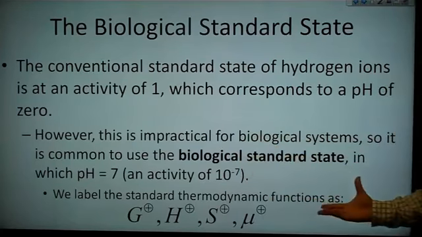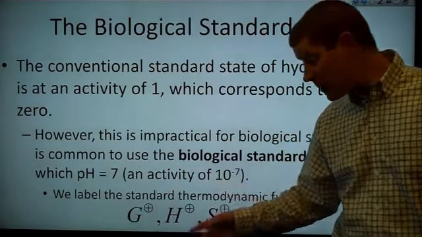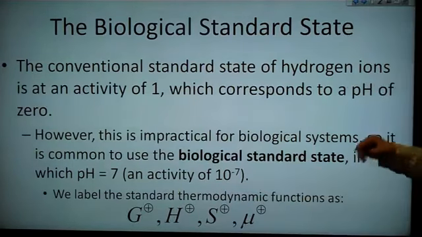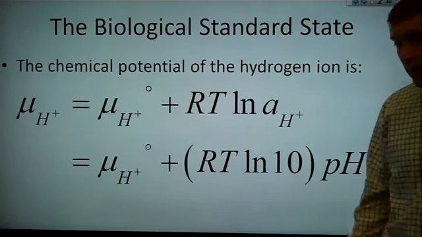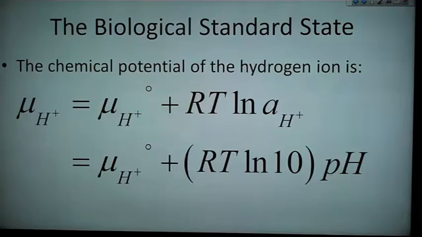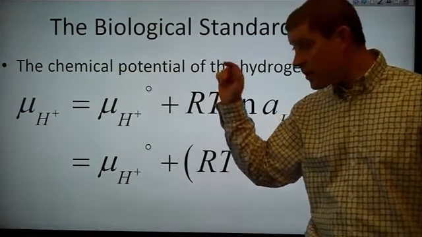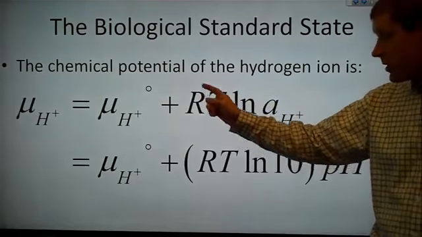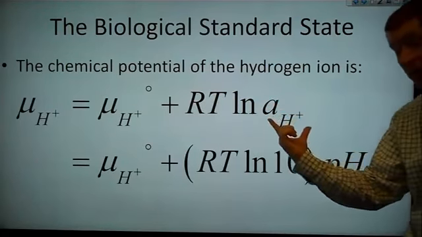And now we label our standard thermodynamic functions like this, so we have G naught plus, H naught plus, S naught plus, and mu naught plus. So now our chemical potential of a hydrogen ion becomes: chemical potential of hydrogen ion is equal to chemical potential of hydrogen ion naught, so at standard state, plus R times T times the natural log of the activity of the hydrogen ion.